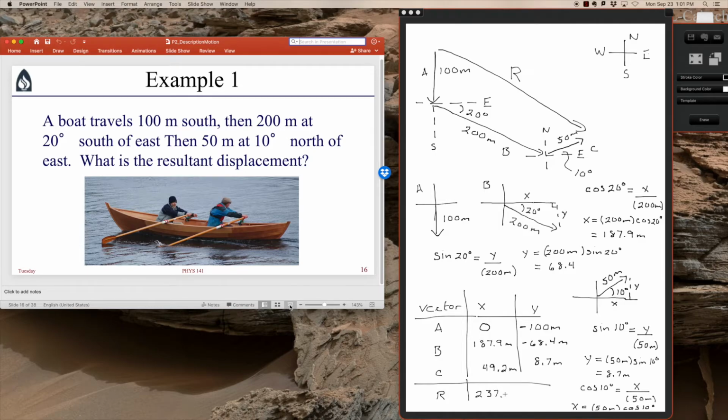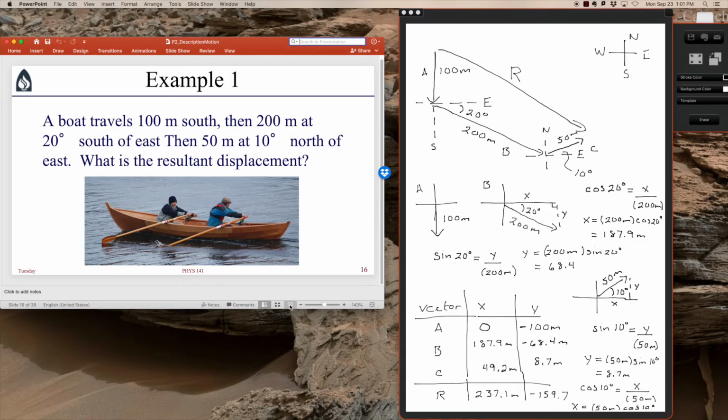And likewise, I want to add together all of the y components, which will give me a negative 159.7. So now I have the sum of the x components and the sum of the y components, giving me the x and y components of my resultant vector.